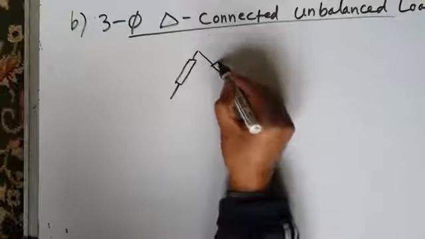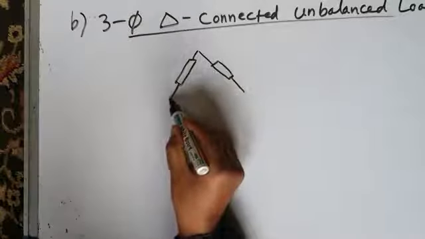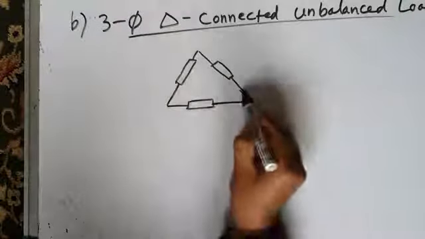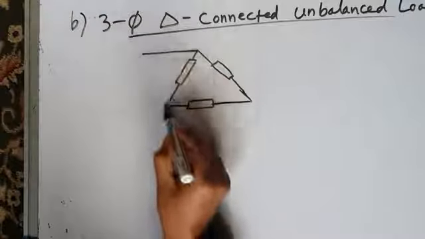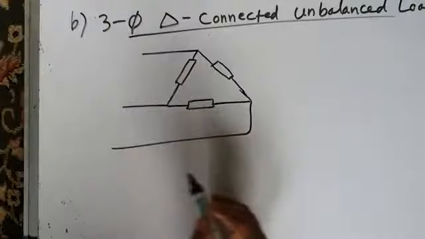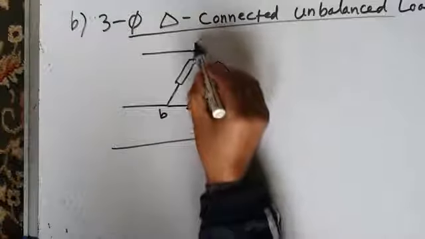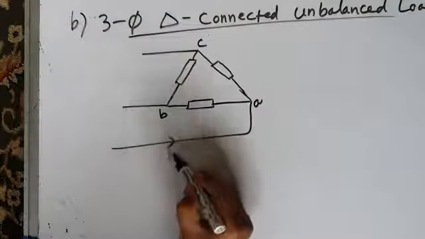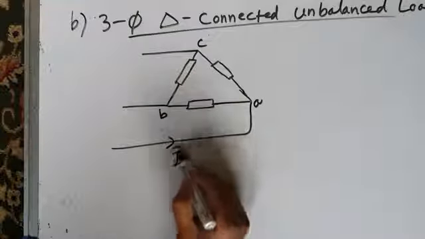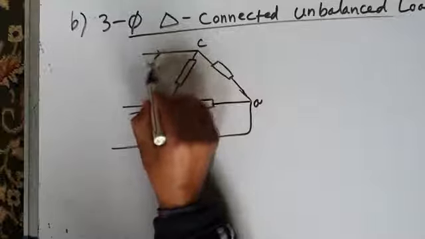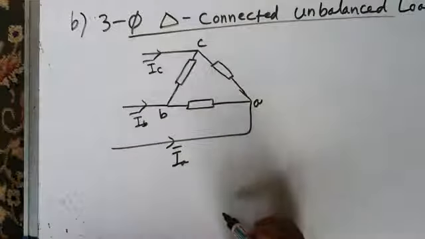How to solve a delta connected system? This is the load. This is node A, node B, and node C. This is line current IA, this is line current IB, and this is line current IC.